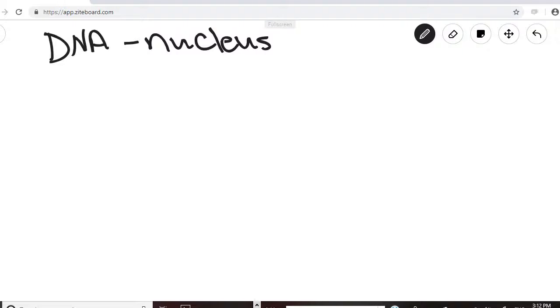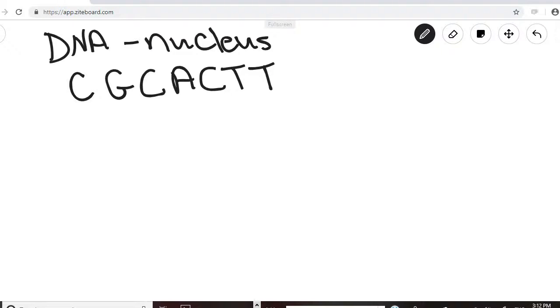So let's say this is a strand of DNA in the nucleus.